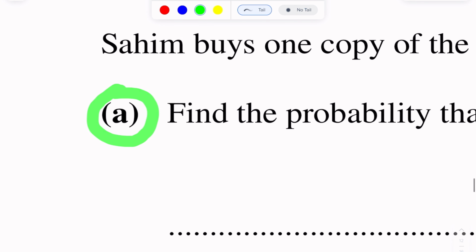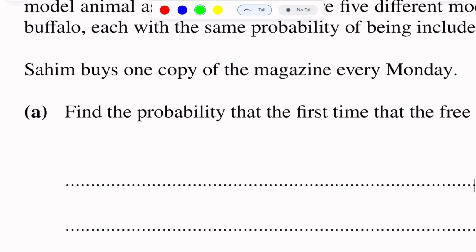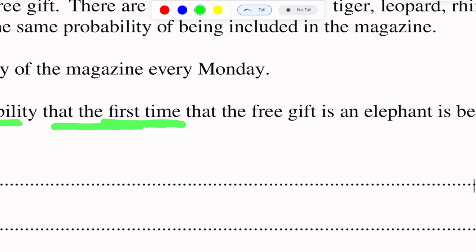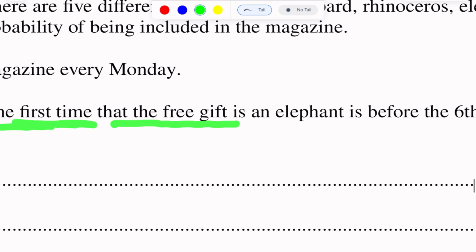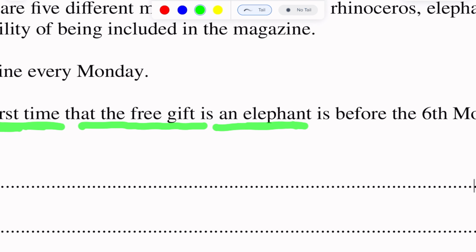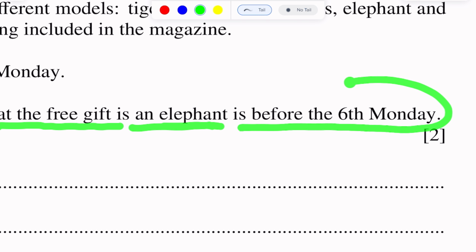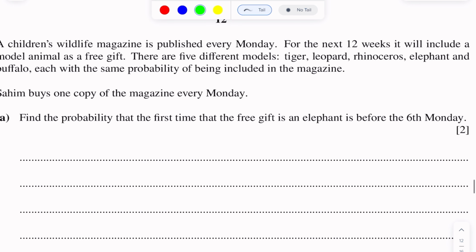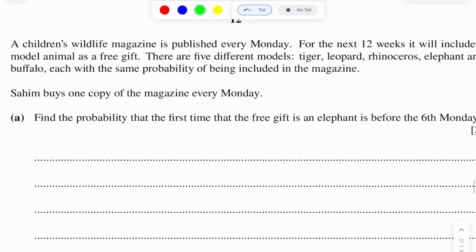Part A of this question is: find the probability that the first time that the free gift is an elephant is before the sixth Monday. This question is of geometric distribution.